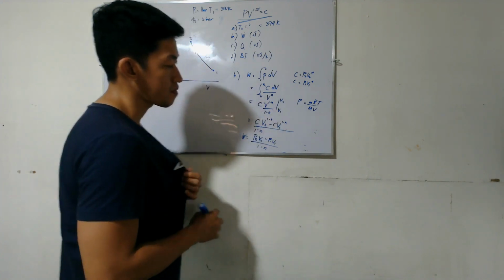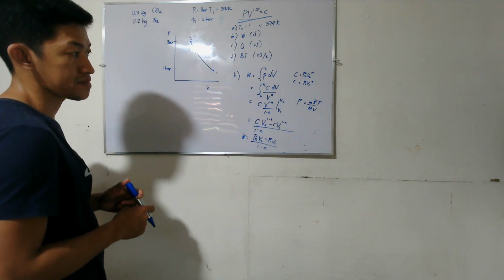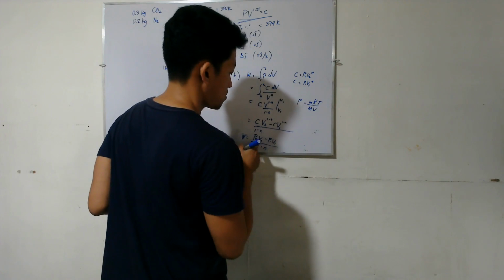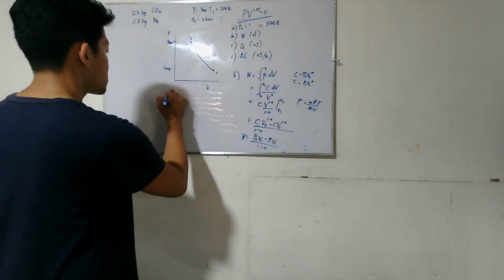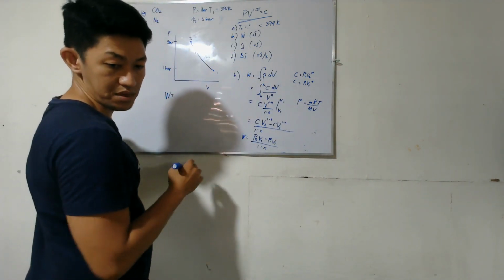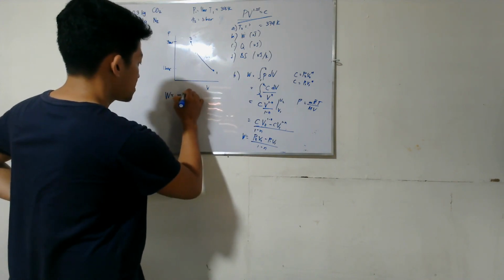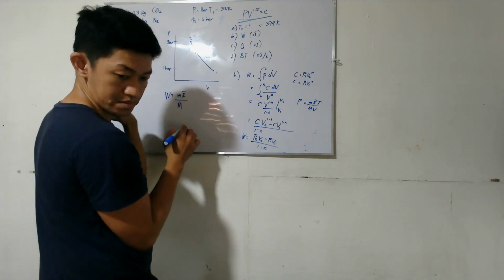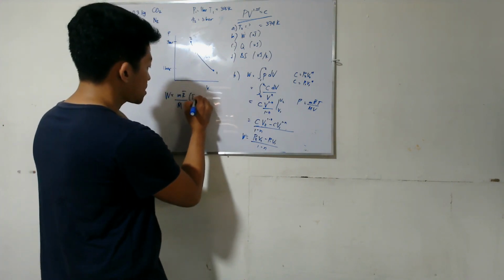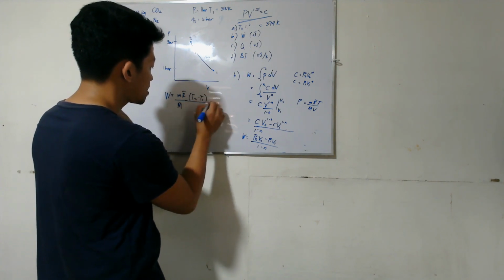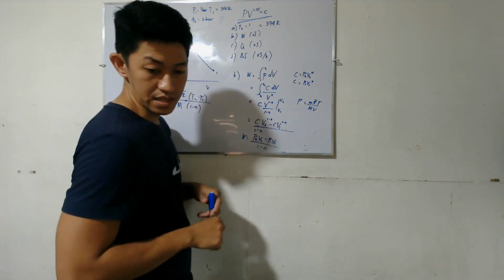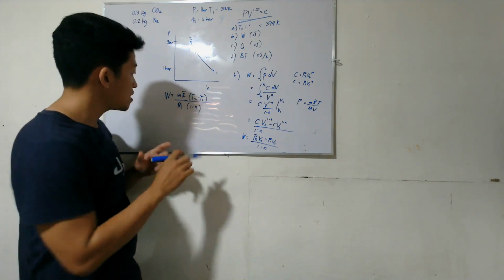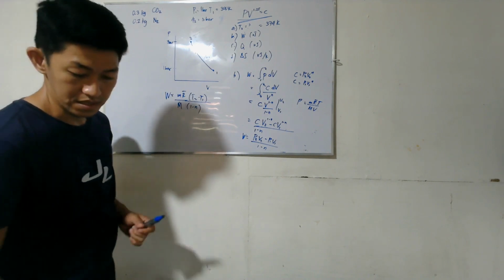Okay, so we substitute this here. Therefore, work is just m R times T2 minus T1, over 1 minus n. Okay? Right? Okay.